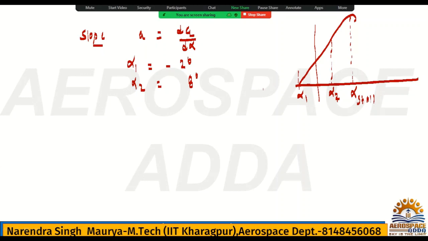So if you check this value of alpha 1 and alpha 2, so if you check this plot, this plot is nothing but CL versus alpha. Okay, CL versus alpha. Fine.